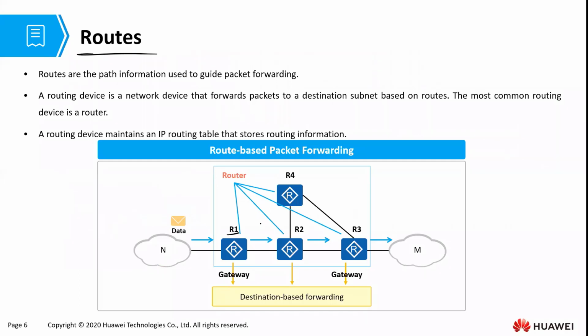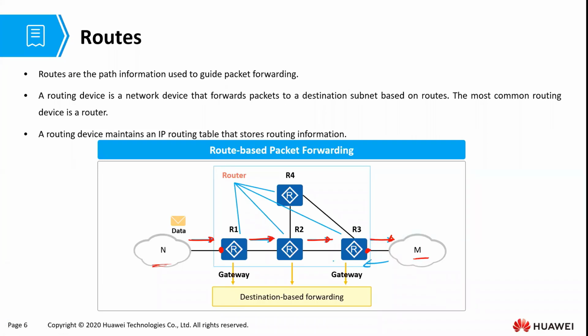So we have router 1, router 2, router 3, and router 4, and they are interconnected. We have network N attempting to talk to network M. We can see that this interface here will be the gateway for network N, and this interface here is the gateway for network M. Because ultimately, when network N finishes sending the packet to network M, M will need to do what?